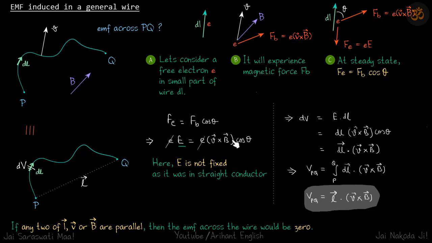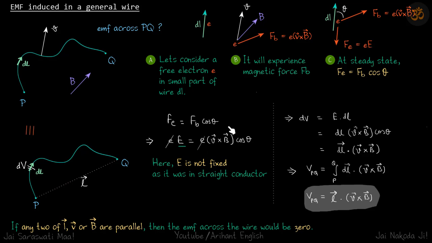Otherwise it's a constant, but there's a factor of cos theta here. Earlier when we did our straight conducting wires, there was no component of cos theta, and E was a constant on the whole conductor. Here E will change on every part of the conductor based on the angle theta. What is this theta? It is the angle which the dl is making with the magnetic force.